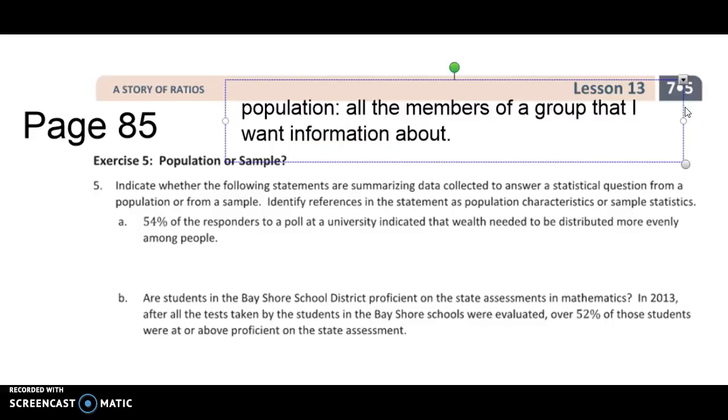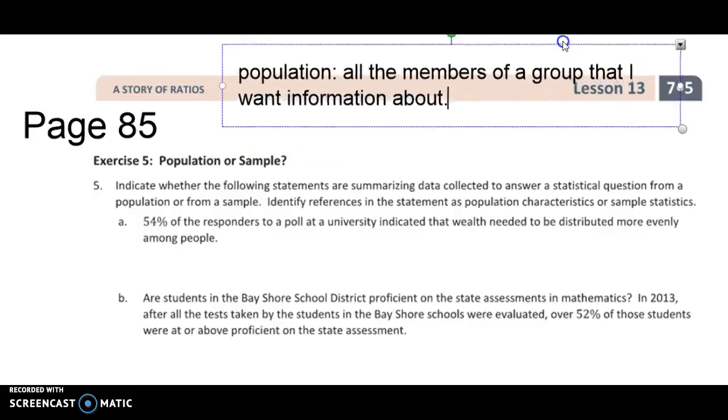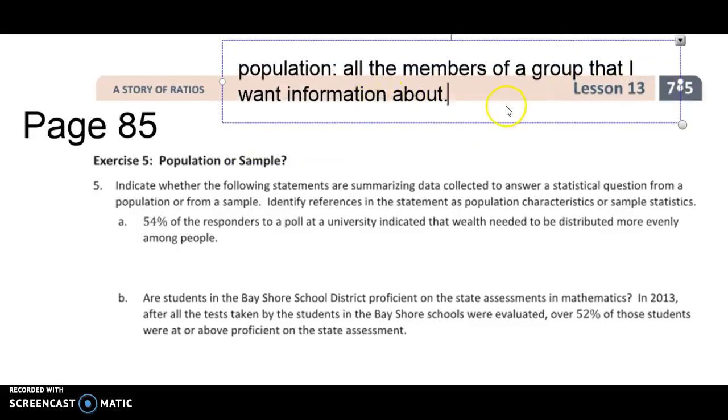So for instance, if I'm talking about surveying the seventh grade class to figure out your favorite colors, favorite food, something like that, then the population is all the seventh graders in the school, right? That's the group that I'm trying to get information about.